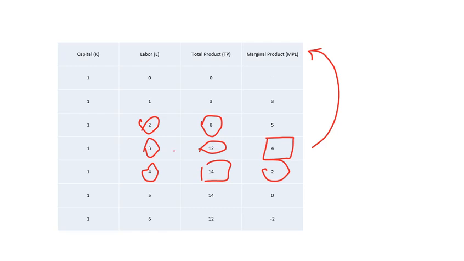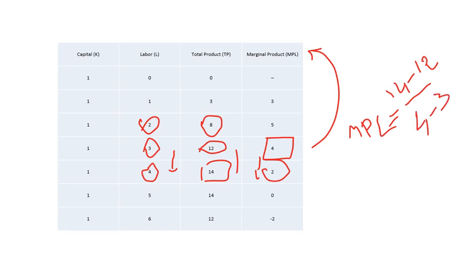The new worker helped the workshop to raise its total product by 2 units, from 12 to 14, and we can find the MPL, marginal product of labor, using this formula. The change in total product, which means 14 minus 12, over the change in labor, which means 4 minus 3, and this equals 2.